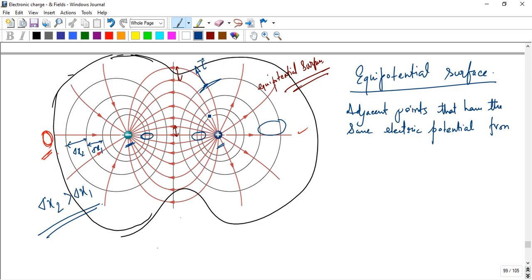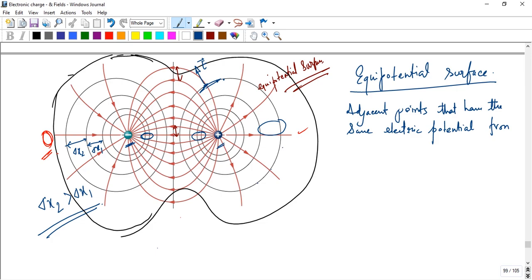And that is how to create a potential surface. If I choose some points, suppose 100 points, we get 100 points with the same potential value. Joining those 100 points, we get a surface.